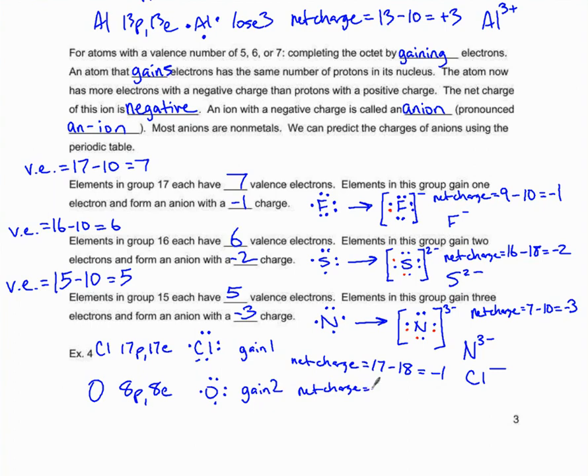Its net charge, 8 protons minus, it's now going to have 10 electrons. That's -2. And the symbol of its ion is O2 minus.